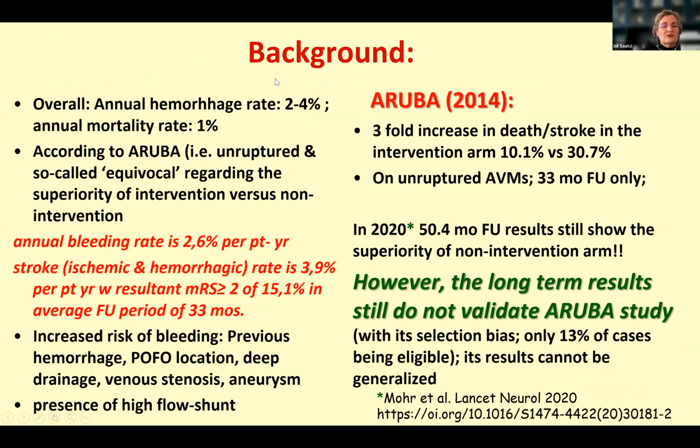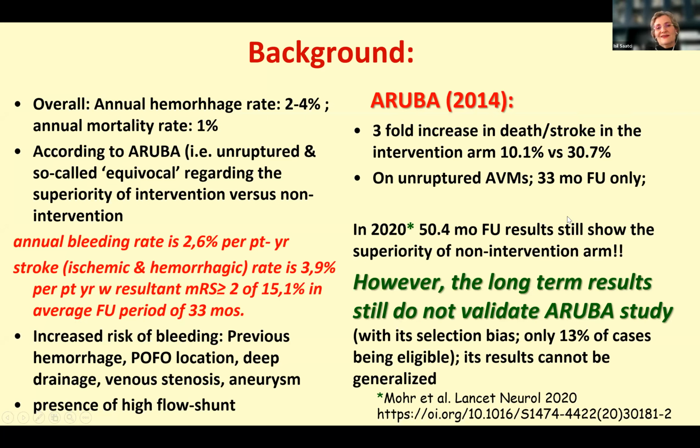Background information: well, everybody knows about the natural history and what may increase the risk of bleeding. And ARUBA definitely created a big turmoil in the area, reporting a threefold increase in death and stroke in the intervention arm.